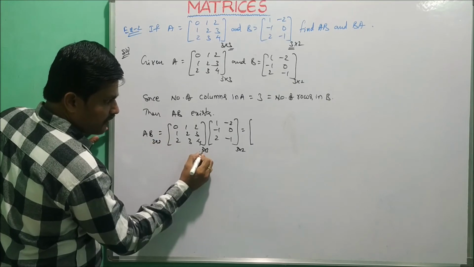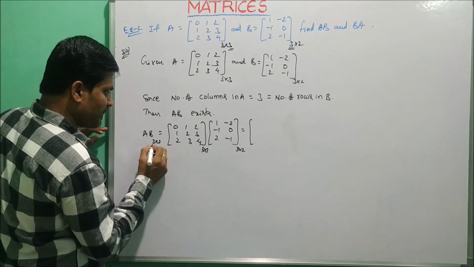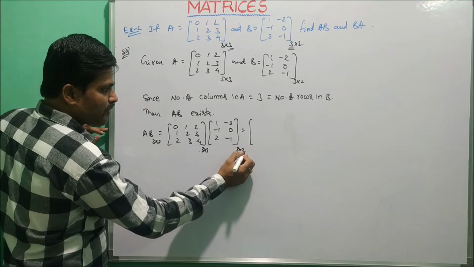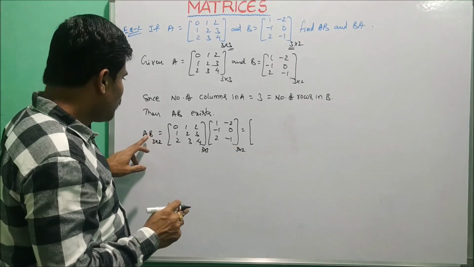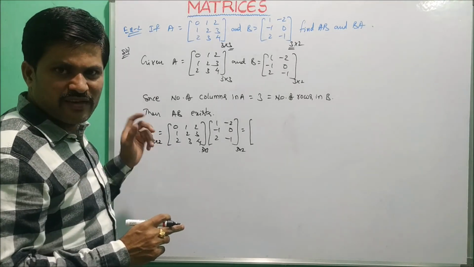Here we take the number of rows in the first matrix, that is 3, and the number of columns in the second matrix, that is 2. Now we write 3 by 2. 3 by 2 is the order of the resultant matrix AB.